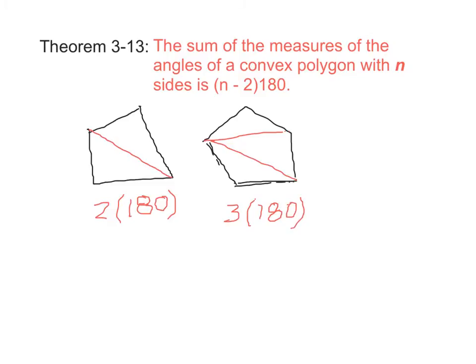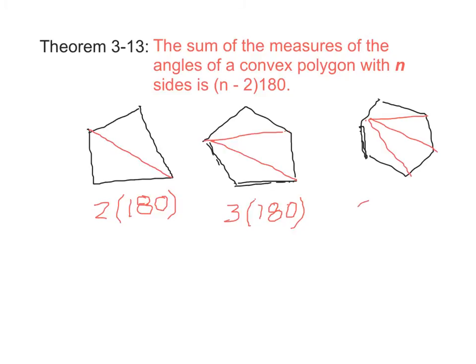Let's do one more figure. Let's do a hexagon. 1, 2, 3, 4, 5, 6. Now, if we've got a hexagon, how many triangles can we divide it into? We can divide it into 1, 2, 3, 4 triangles.